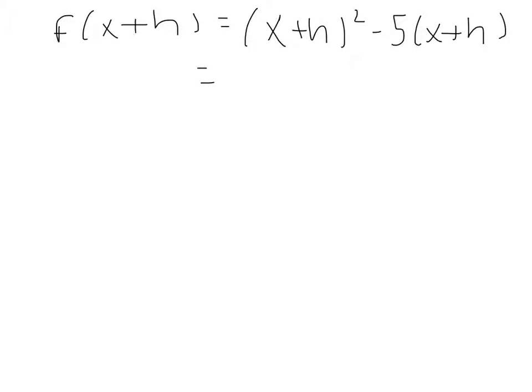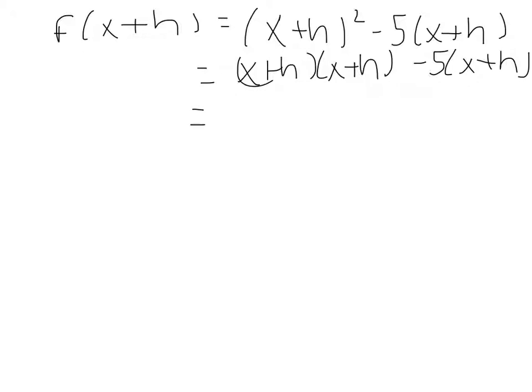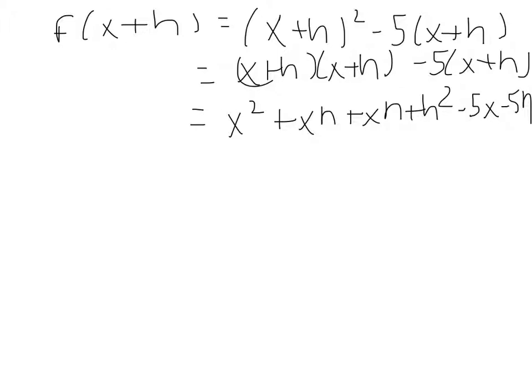And again, working on this right side, we're going to be multiplying x plus h by itself and distributing the 5 so that it will look like x squared plus xh plus xh plus h squared minus 5x minus 5h.